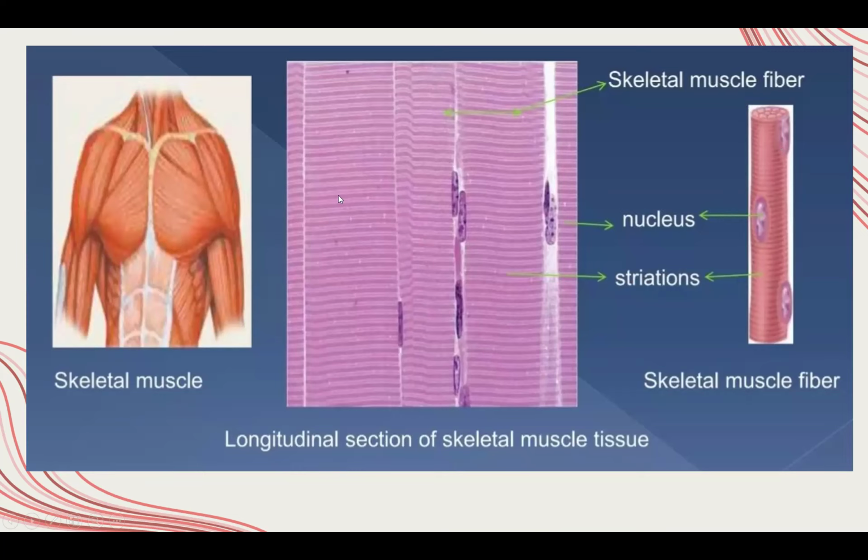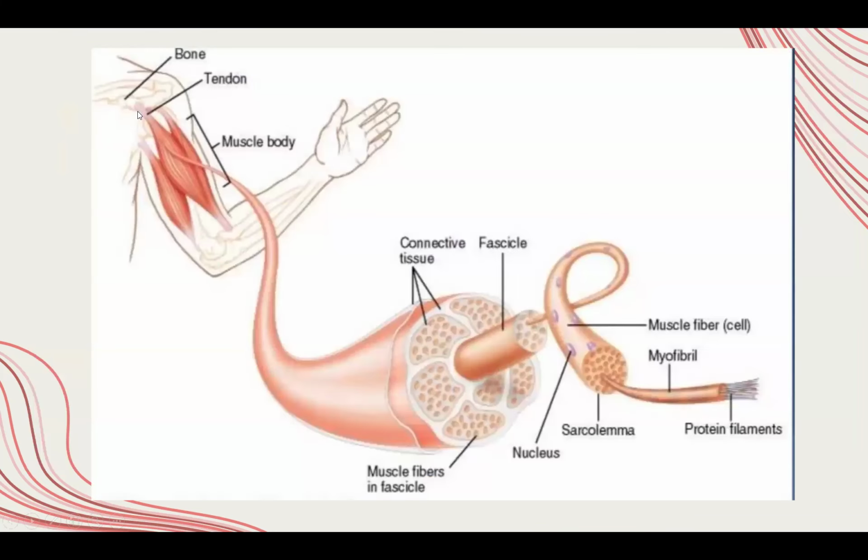These are the important points about skeletal muscle. So these are the skeletal muscles. They are attached to bone by tendons at both ends. This is the muscle mass, and this is the muscle structure.